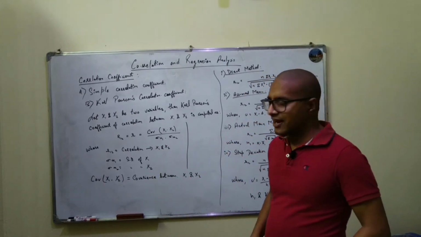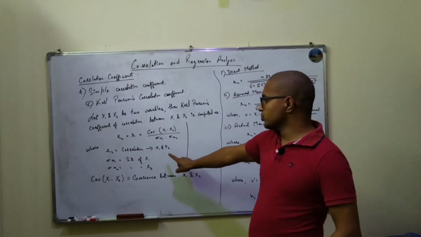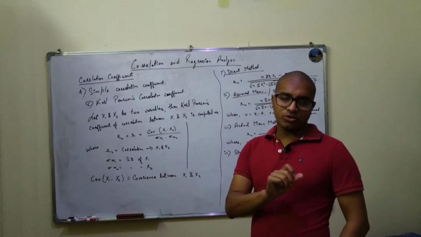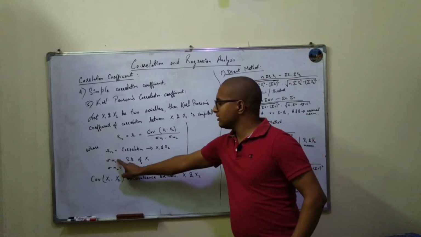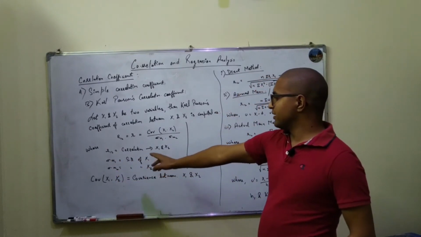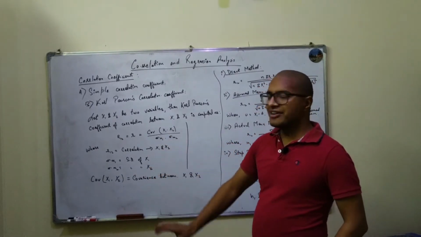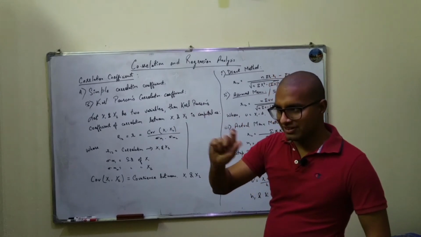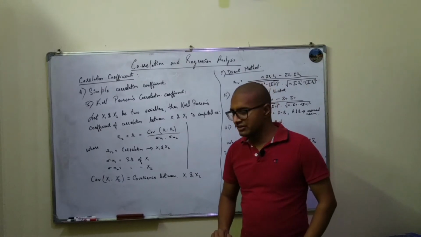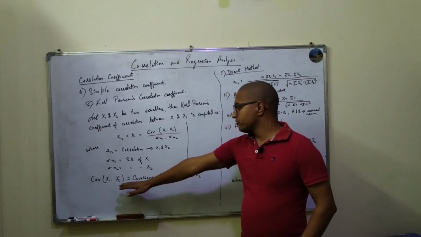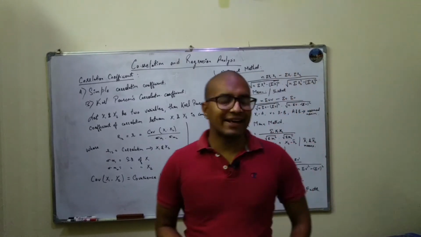Here R12 is the correlation between x1 and x2, sigma x1 is the standard deviation of x1, and sigma x2 is the standard deviation of x2, that is, how much it has deviated from the mean. COV(x1, x2) is the covariance between x1 and x2.